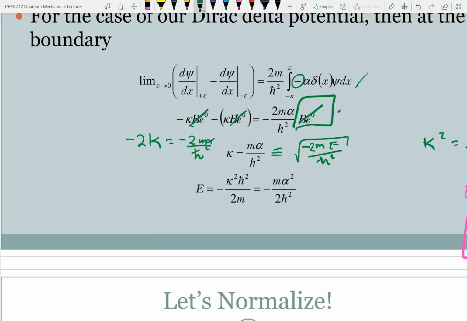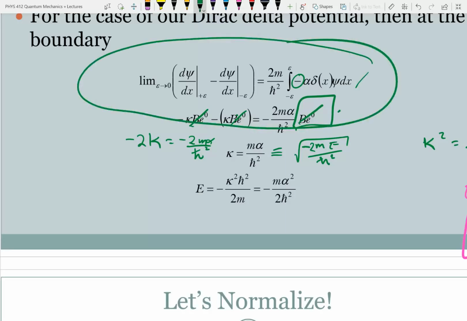So you have to apply this condition as your second boundary condition at each boundary. And then you have a fun, joyful experience of matching up and solving. It should be 4 equations for 4 unknowns.